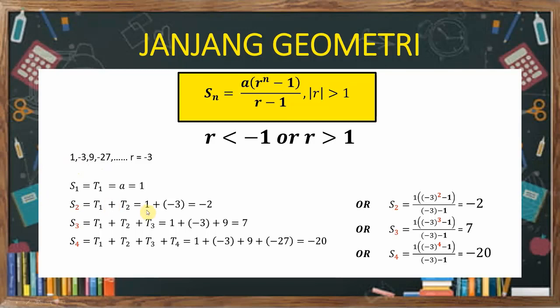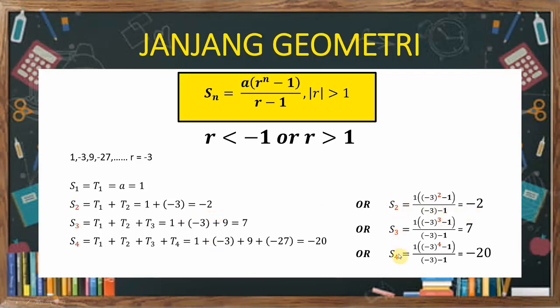So how do we use the formula? Instead of listing them out, we may use the formula S2 equals a, which is 1, times r, which is negative 3, to the power of n, minus 1, over r minus 1. And you will be able to get the same answer as how we listed it out.